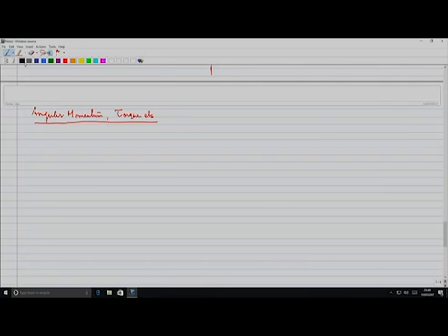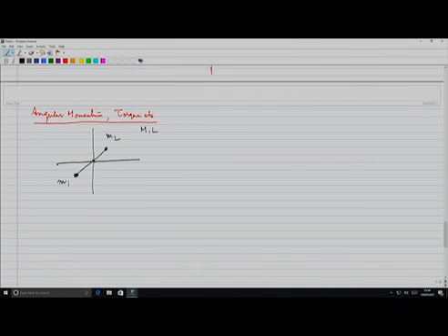A rigid rod of mass capital M and length L rotates in a vertical plane about a frictionless pivot.